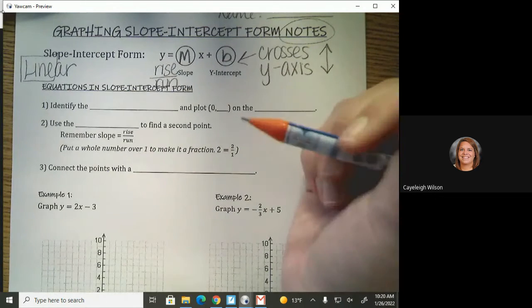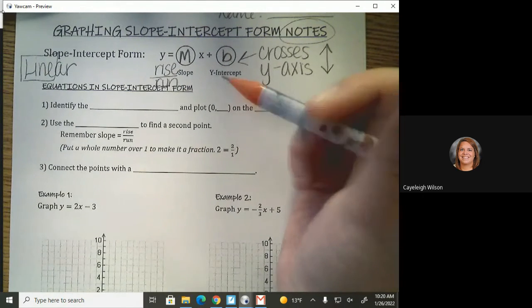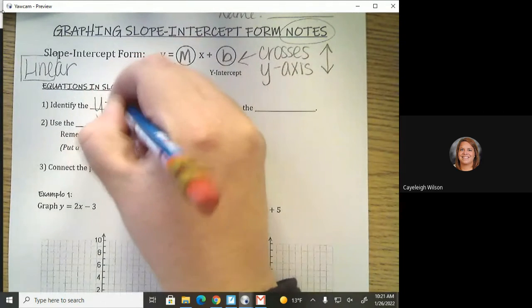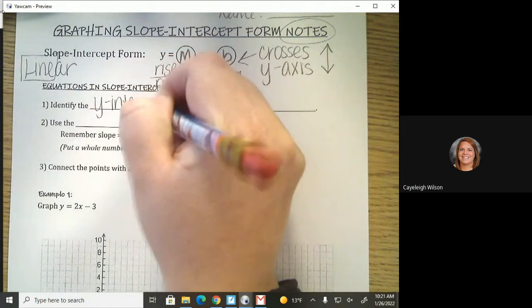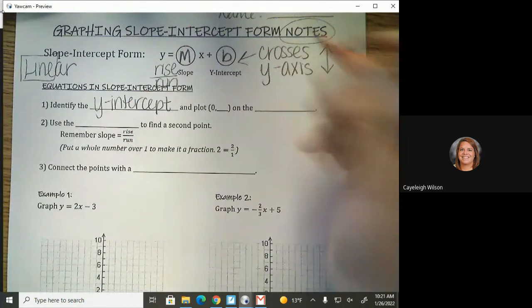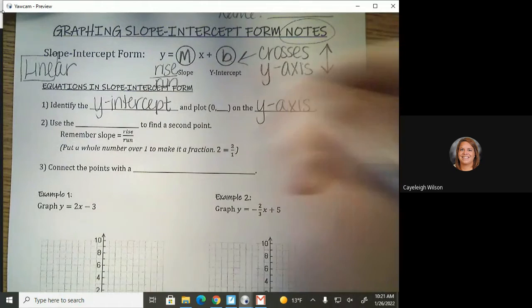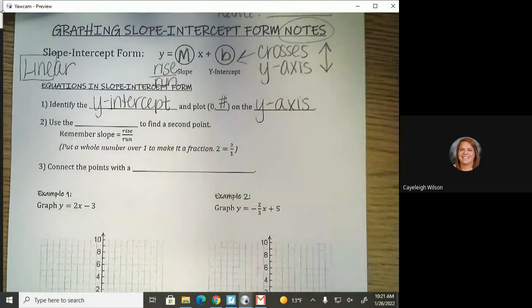So we're going to follow 3 steps in order to plot these. So the first thing that we're going to do is identify the y-intercepts. And we're going to plot that on the y-axis. And this will be some number. Okay, I don't know what number yet. It depends. If it's like a +2, then we're going to plot a +2. If it's a -3, we're going to plot a -3.